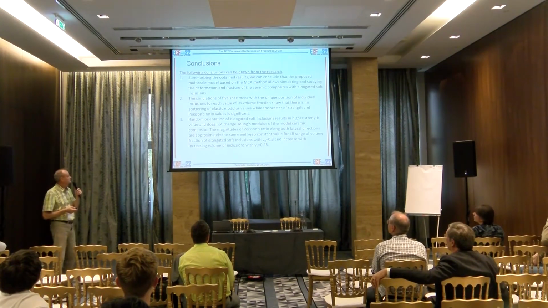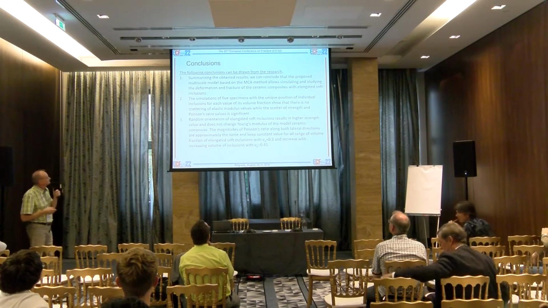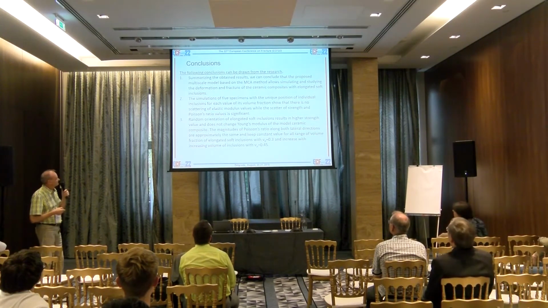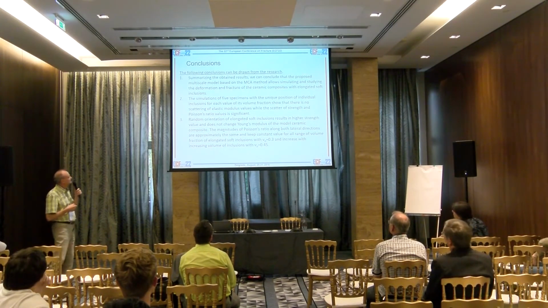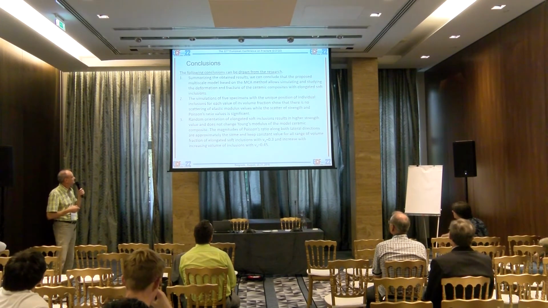And this allows me to come to conclusions. So first, we can conclude that the proposed multiscale model based on the MCA method allows us to simulate and study deformation and fracture of ceramic composite with elongated soft inclusions.